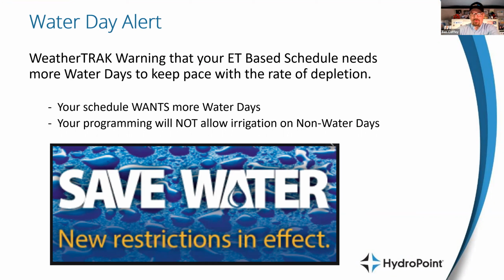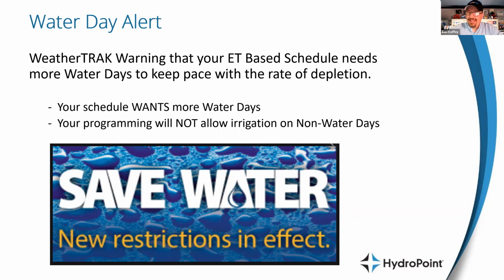This is only for controllers that have stations in auto mode. And if the controller decides that that ET-based irrigation schedule wants more days than your water restrictions have allowed, then you're going to get a water day alert.